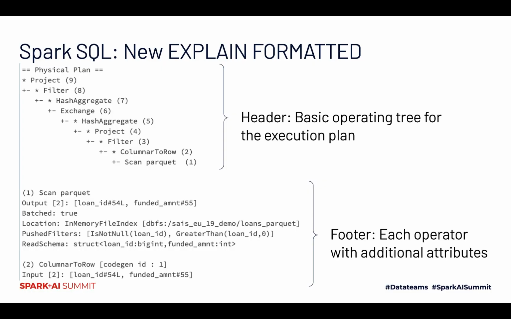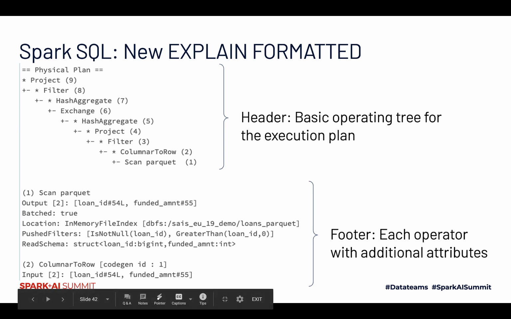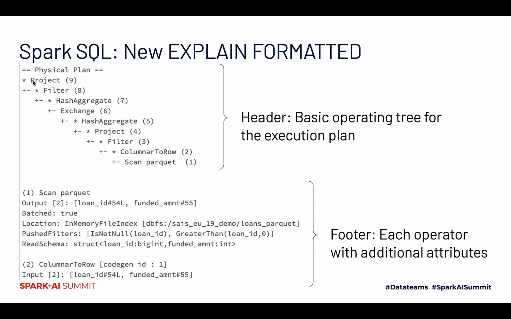So starting in Spark 3.0, we have a new type of explain plan called explain formatted. If you do explain formatted and provide your query, it will now rewrite the formatted plan like this, where you see the entire tree view at the top with numbers that now index and provide more detailed values down here.